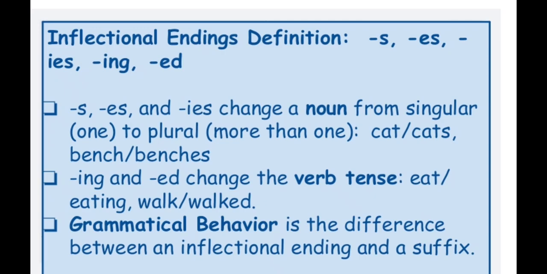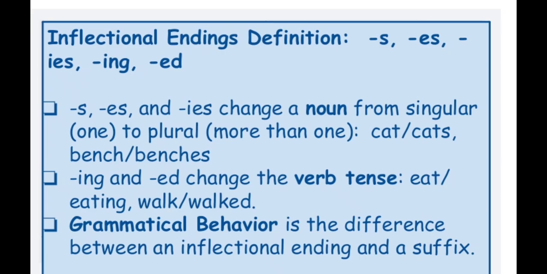Examples of inflectional endings: s, es, ies, ing, and ed. S, es, and ies change a noun from singular to plural. For example, cats and benches.